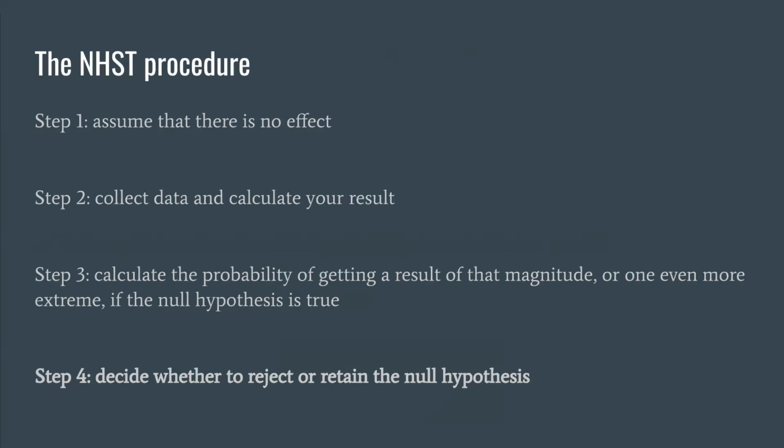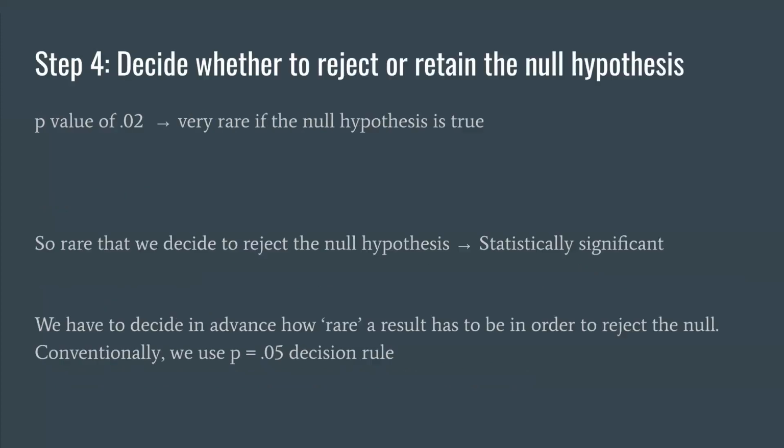Then now that we have the p-value, in step 4, we would decide whether to reject or retain the null hypothesis. If we are rejecting the null hypothesis, then we're rejecting our hypothesis that there is no difference between A and B. So that means there is a difference between A and B. If we're retaining the null hypothesis, then we are assuming that there is no difference.